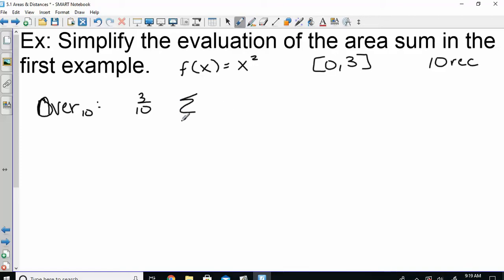So sum from 1 to 10. Okay, here's where we have to think a little bit. Because I don't just want to add up x squared, do I? Look back at your work from yesterday. When we did our overestimate, what was the first thing we plugged in?